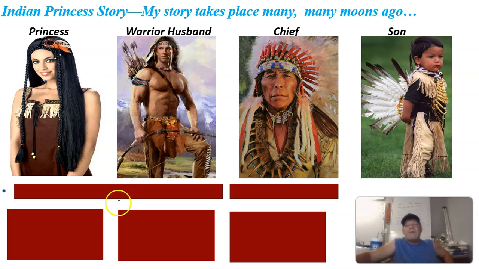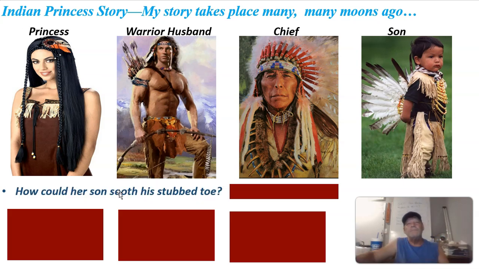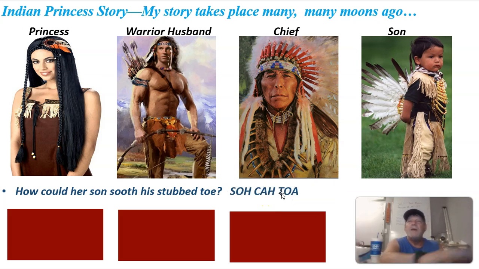How are you going to get him to stop crying?" She's trying to be a modern princess. How could he soothe that stubbed toe? And the chief says, "So, Katoa. Soak a toa. Soak the toe."